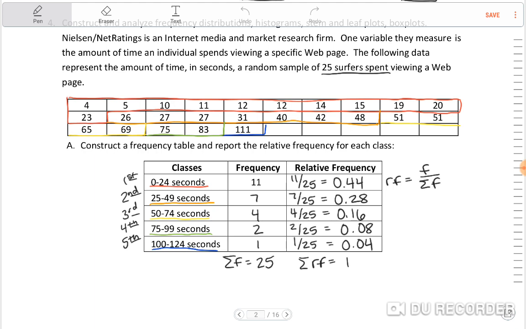So in our legend, the ones place is going to be our leaves, and all of these have tens, right? And the tens place is going to be our stem. So our stems are going to start with 0, because this is a 04 and 05, right? And then the last in the tens place here is this 11. So we're going to go from 0 through 11 in our stems, and then all of these numbers over here are going to be our leaves.